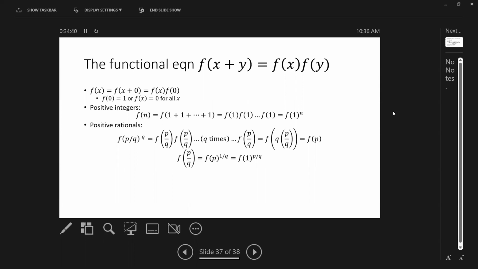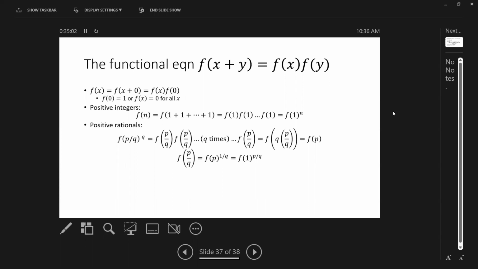Once you raise both sides to the power of 1 over q, you have f of p over q is f of p to the 1 over q. But we know what f of p is. f of p is f of 1 to the p. So f of p over q would be f of 1 to the p over q. We're seeing the pattern here. f of something looks like f of 1 to that something.